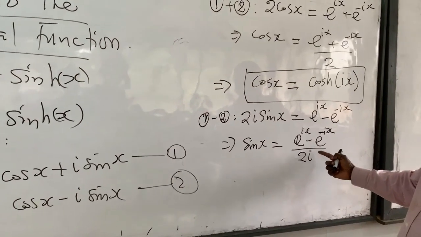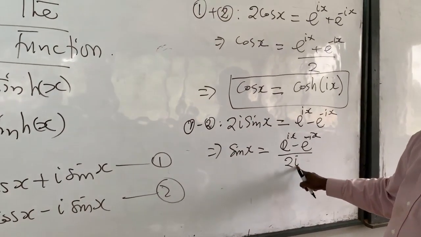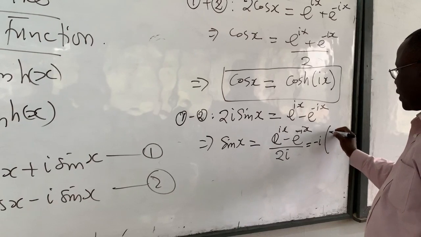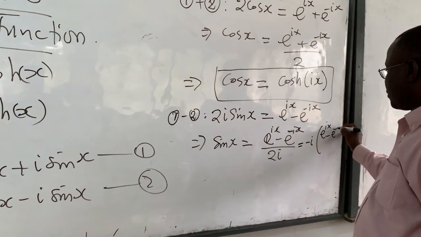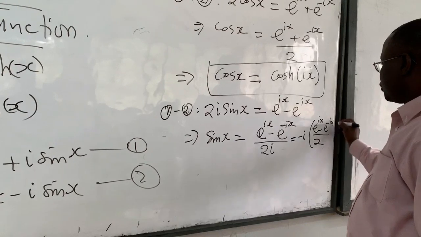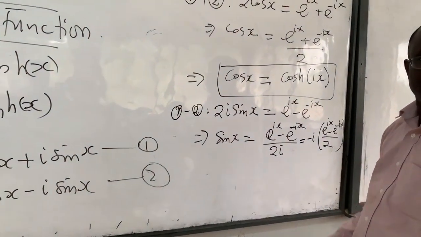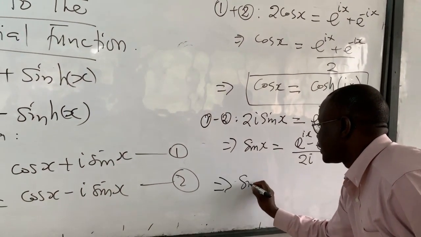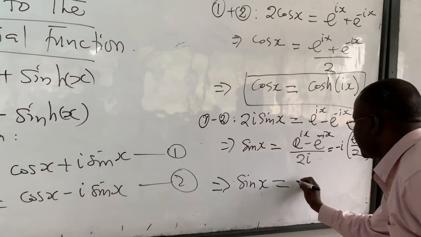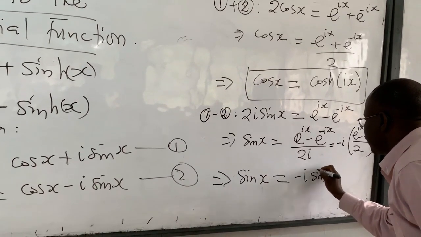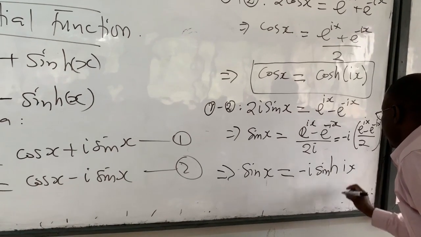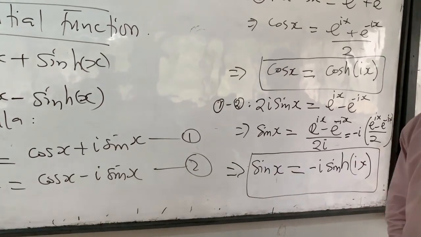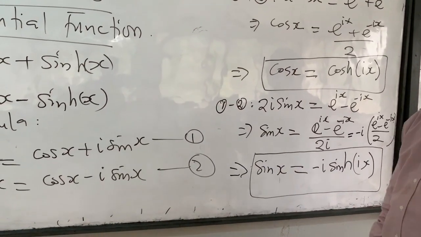Now, if you multiply the top and bottom by i, and i squared is negative 1, this is actually equal to minus i multiplied by e to the ix minus e to the minus ix all over 2. But this guy is a hyperbolic sine with argument ix, which implies that I can write sine x to be equal to negative i sinh ix. And that is another relationship between the trig function and the hyperbolic functions.